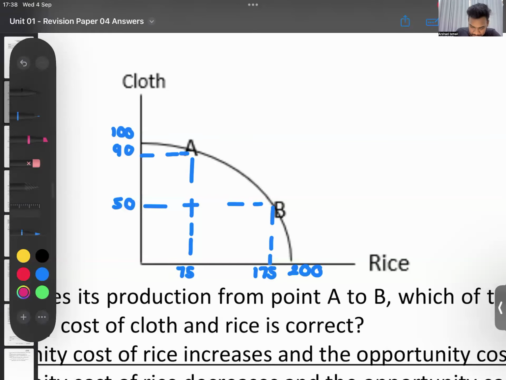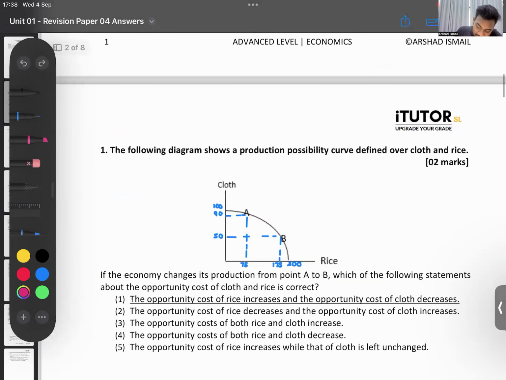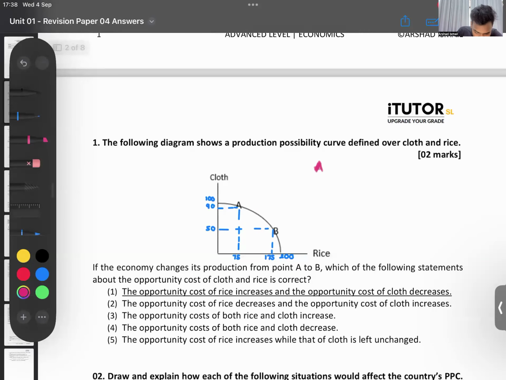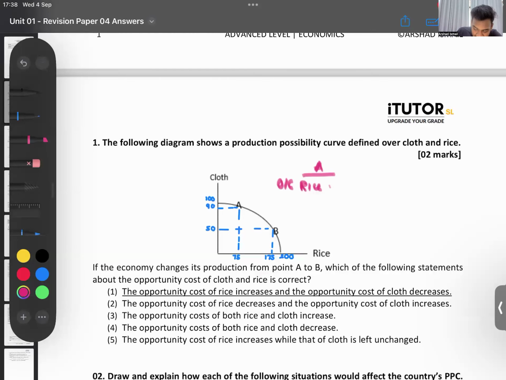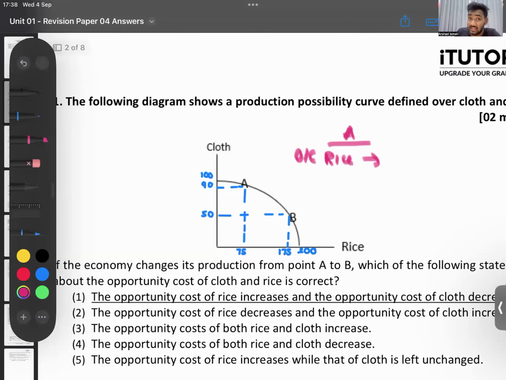Tell me, when we are at point A, what is the opportunity cost of producing rice? At point A, we'll read the graph.